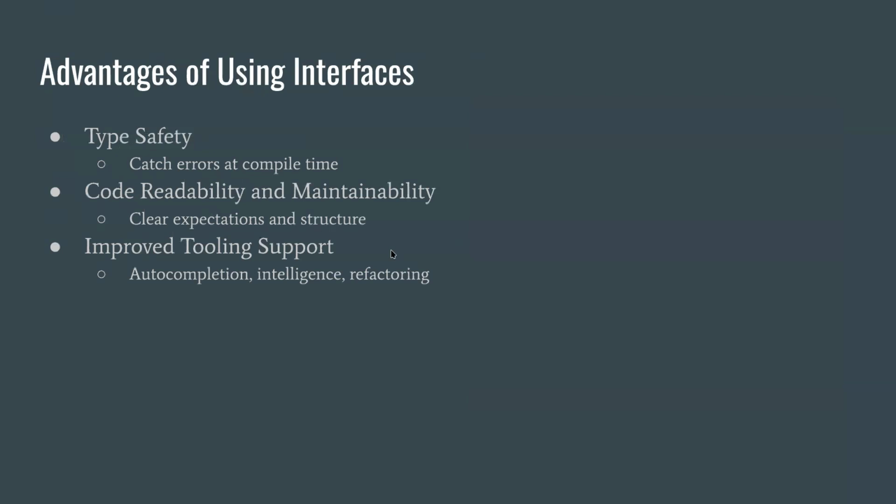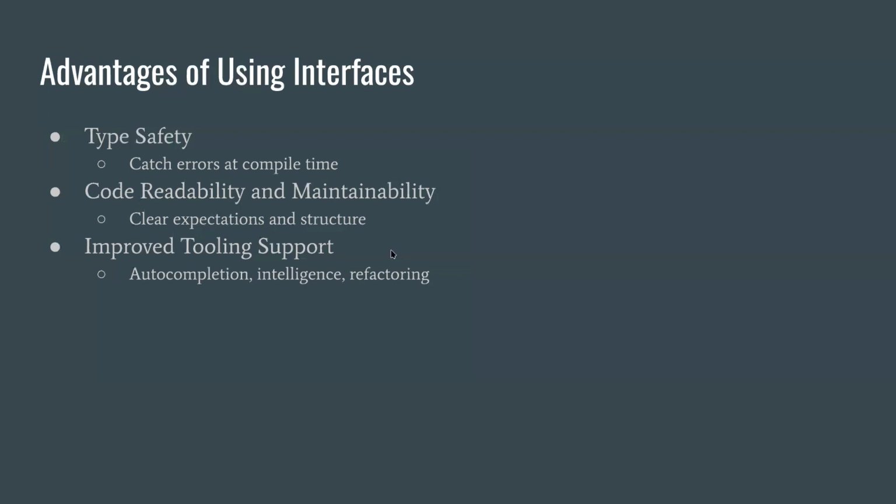Advantages of using interfaces. So using interfaces comes with numerous benefits. First, it enhances type safety. This means fewer surprises when your application runs because you catch errors at compile time rather than at runtime.